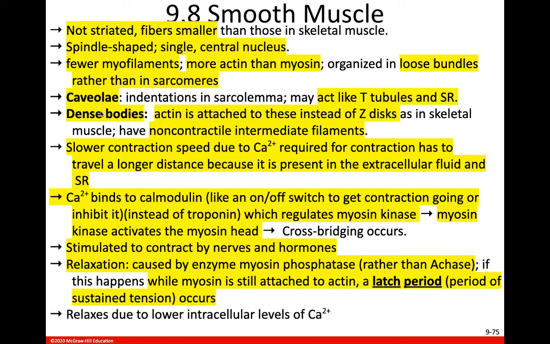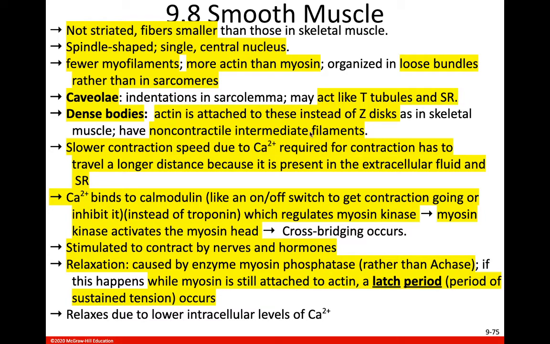Also, in your smooth muscle, you have these things called dense bodies. In our skeletal muscle, we had sarcomeres, and at both ends of the sarcomere, we had Z-discs or Z-lines, and that's what the actin was attached to. But in smooth muscle, you don't have Z-discs or Z-lines. The actin is actually attached to dense bodies, okay? And then you also have in smooth muscle something called intermediate filaments.